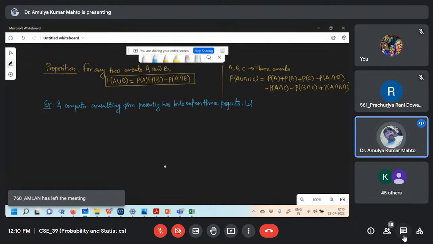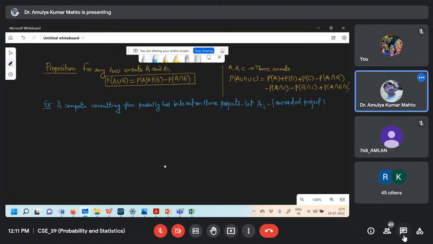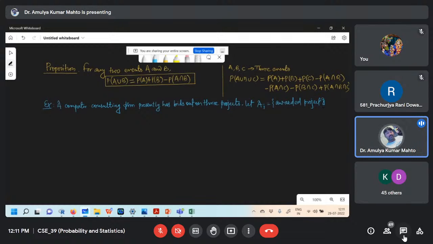Let Ai denote the event that project i is awarded, where i can be 1, 2, and 3. Got it?